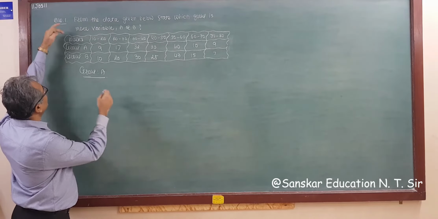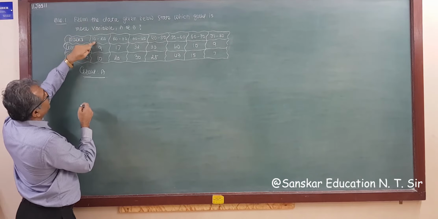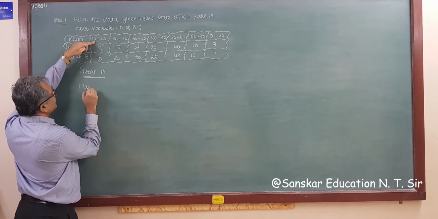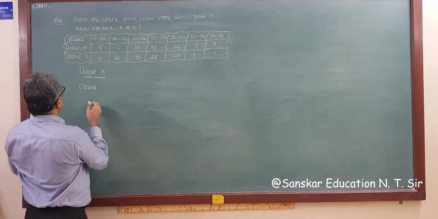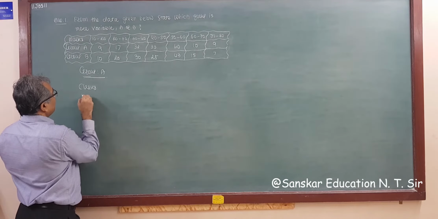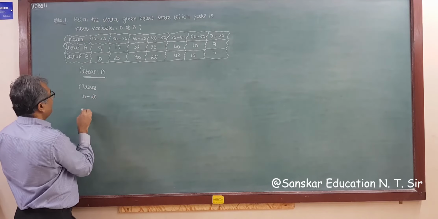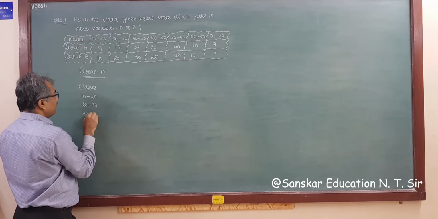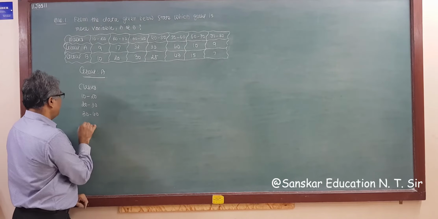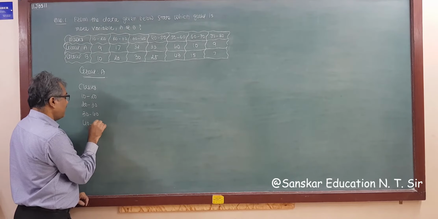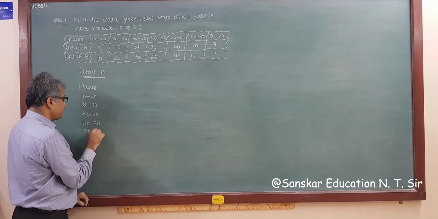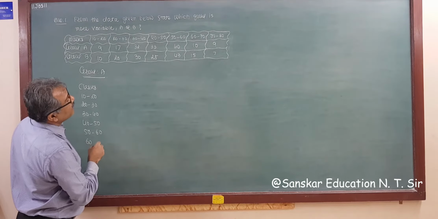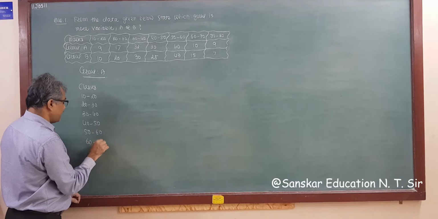The classes are given: 10 to 20, then 20 to 30, then 30 to 40, 40 to 50, 50 to 60, 60 to 70, and 70 to 80.